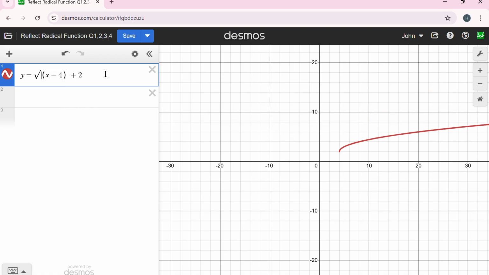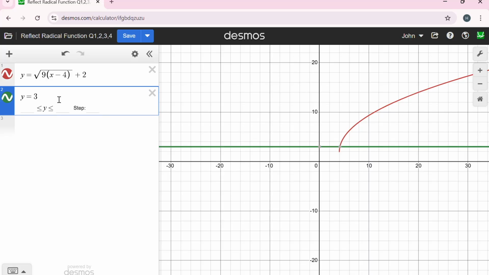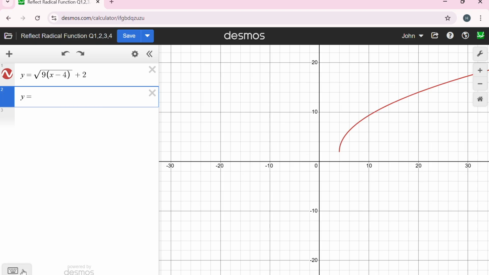Okay? All right. Let's do the other one, which was from the horizontal stretch point of view. Okay, so we know that's the equivalent graph. Oops, hang on a second.